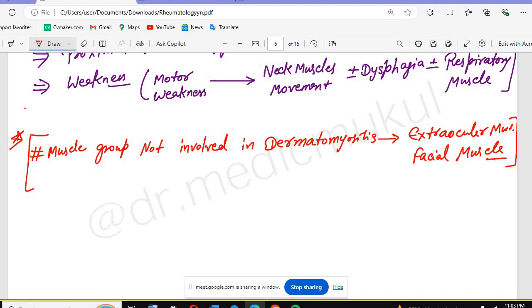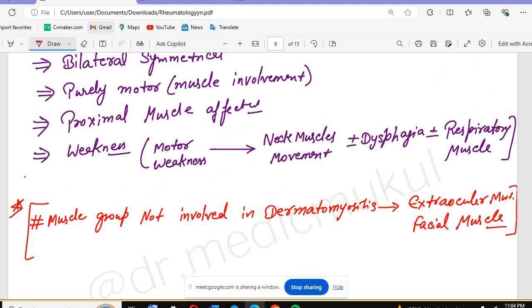In dermatomyositis, around 60% of cases have the painless condition, with symmetrical proximal weakness, and in around 30% you will see both weakness and pain. You can write here the pain.